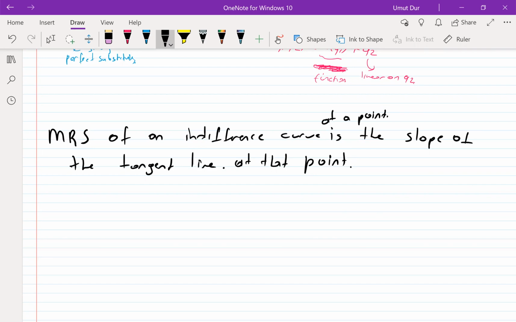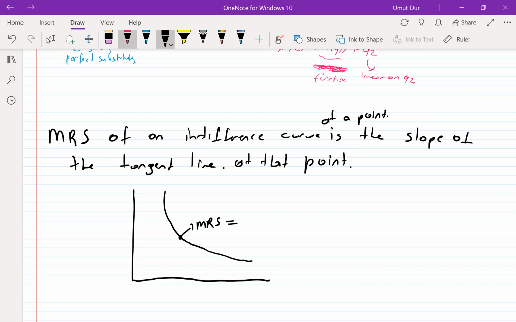If our indifference curve is, let me say, a well-shaped indifference curve, which has in fact a curve, and I am interested in the marginal rate of substitution at this point, then I draw the tangent line, which is just touching that point.